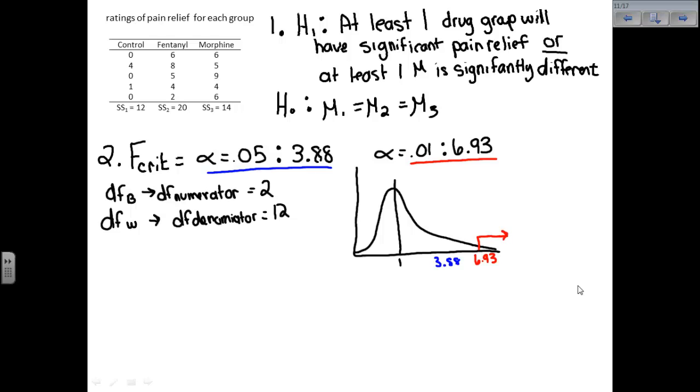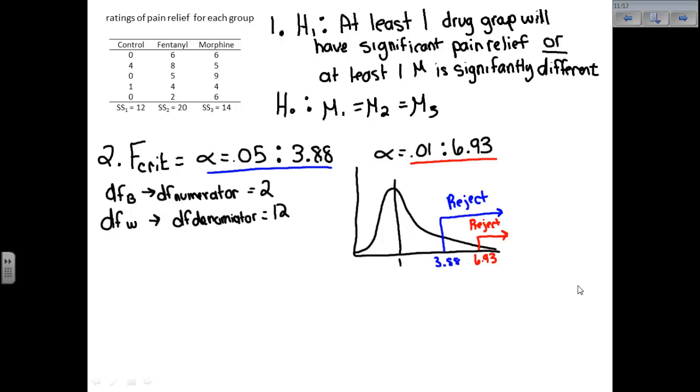So to pass the test, to be significant with an alpha level of 0.01, we have to have an F value that's 6.93 or greater. With an alpha level of 0.05, we have to calculate an F that is 3.88 or greater to reject the null hypothesis. So we're expecting that there is some difference based on the drug that they receive, some difference in pain.